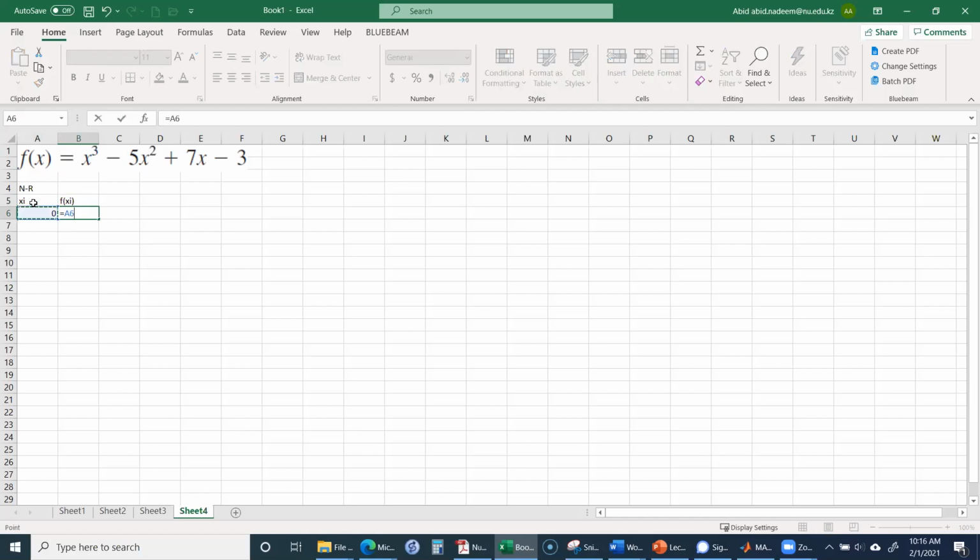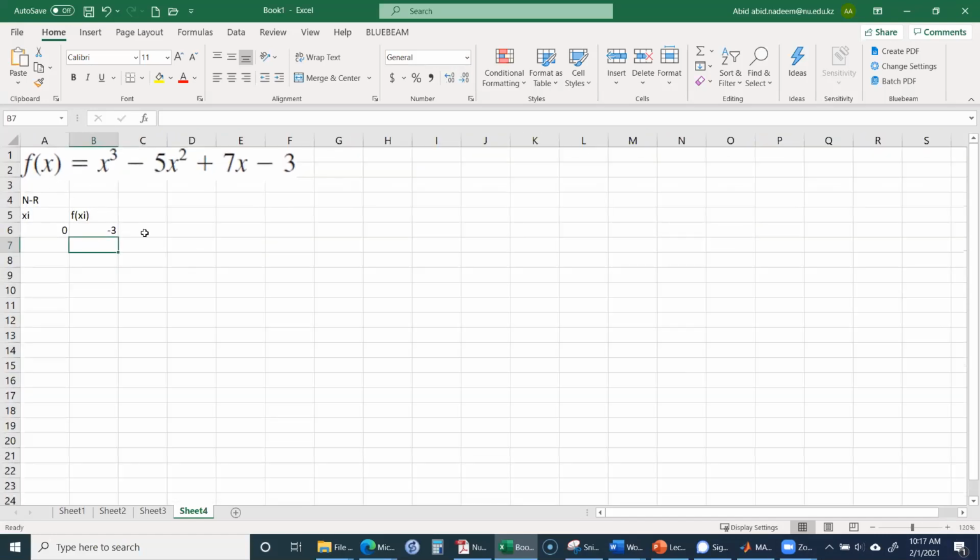So it is equal to x cube minus 5 times x square plus 7 times x minus 3. Okay, maybe I make it a little bit bigger.